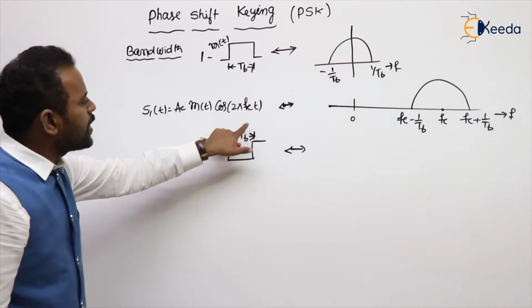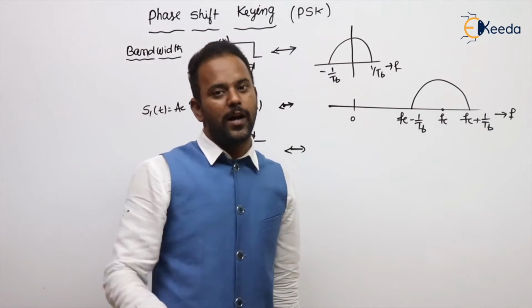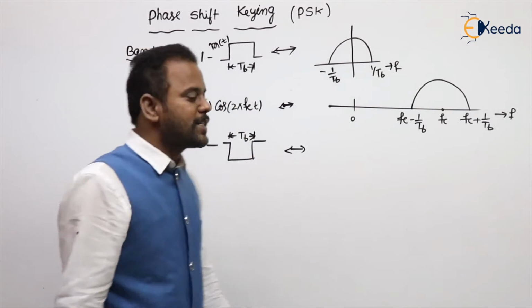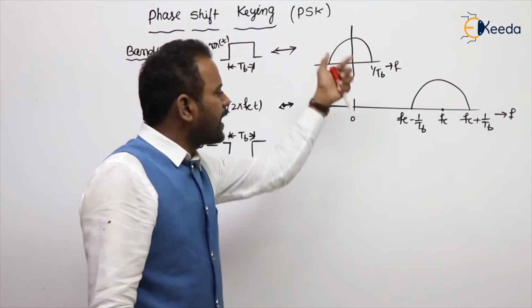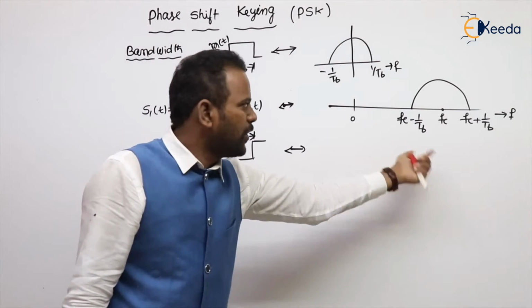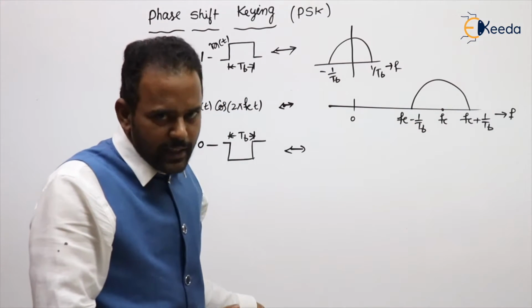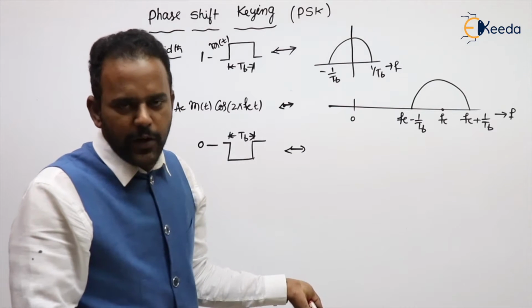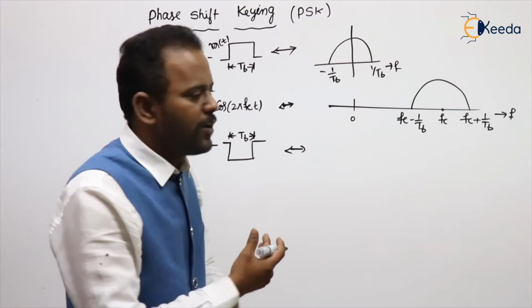Because for binary 0 also we are using the same frequency, but of course in FSK it will be different because of different frequencies. But here same frequency, same spectrum will come. Maybe some faculty will write it on the downside. Anyhow the frequency ranges will be same, so I'm not interested in writing there. Magnitude spectrum means if you take the modulus, the same will come.